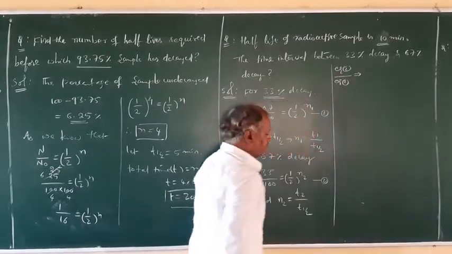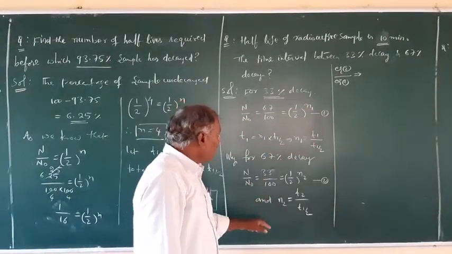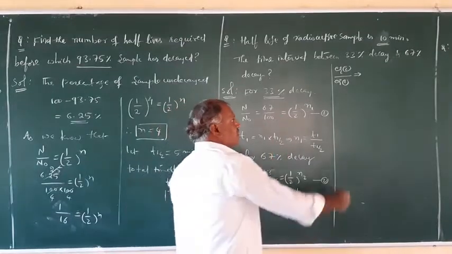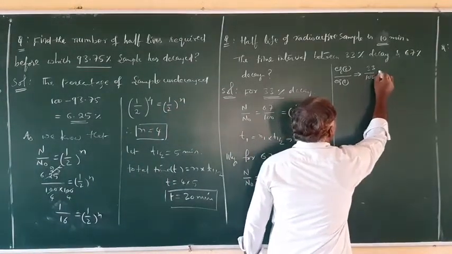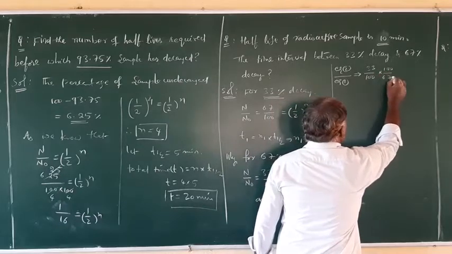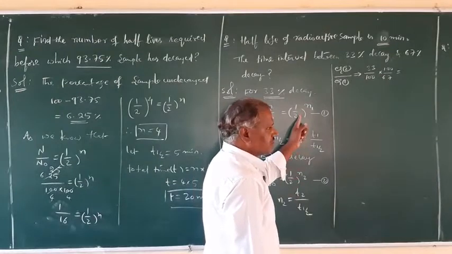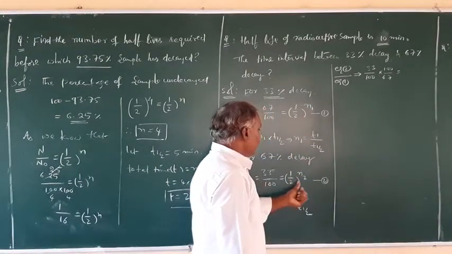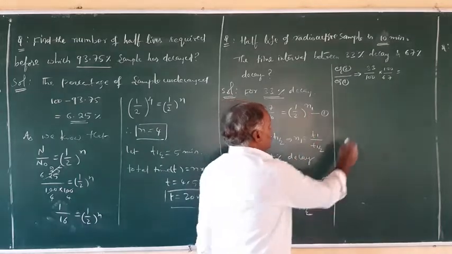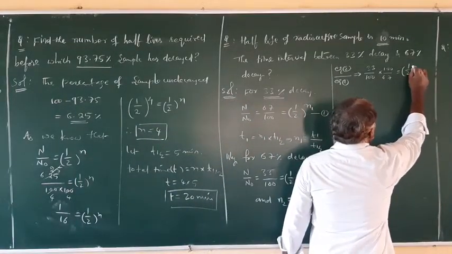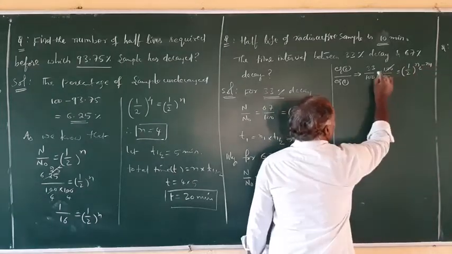Then what do you get? 33 upon 100 divided by 67 upon 100, that is 33 upon 100 into 100 upon 67, is equal to 1 by 2 power n2 divided by 1 by 2 power n1. That means you can write 1 by 2 power n2 minus n1. So these 100 get cancelled.